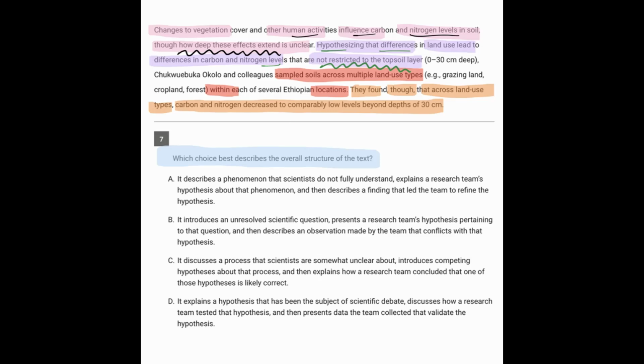And so what they did is they sampled soils within a bunch of locations, and what they found was that carbon and nitrogen decreased to comparably low levels beyond depths of 30 centimeters. So what's being said there is that the levels would always go to pretty low levels once you get deep into the ground.